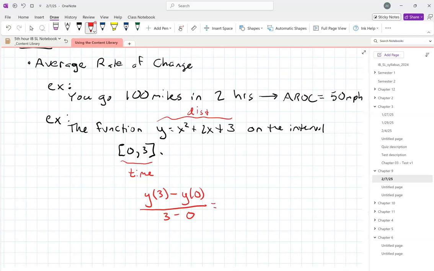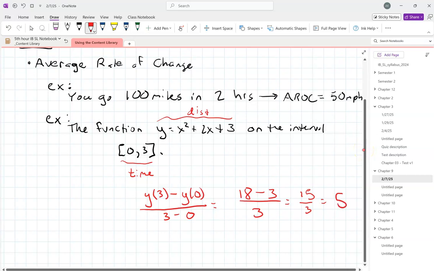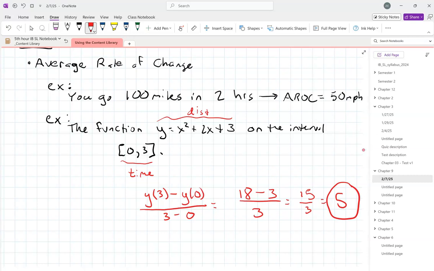So if I plug 3 in, I'm going to have 9 plus 6 plus 3, which is 18. If I plug 0 in, that's 3. Right? Yeah, very similar. That's the piece that we should be looking at.